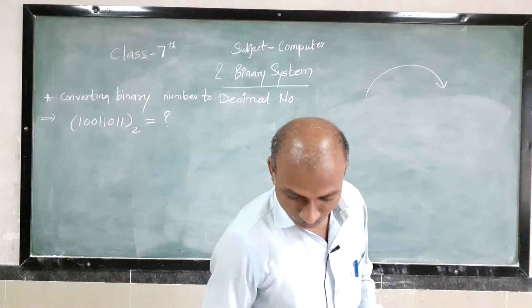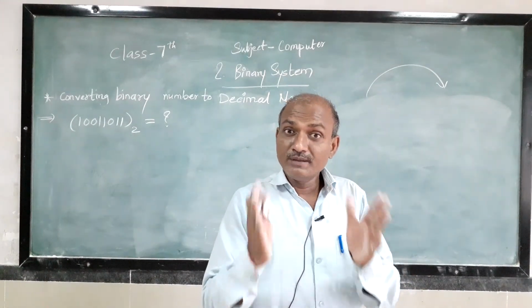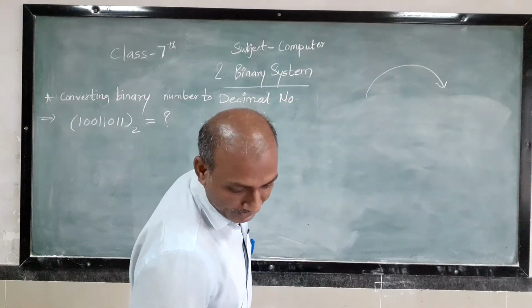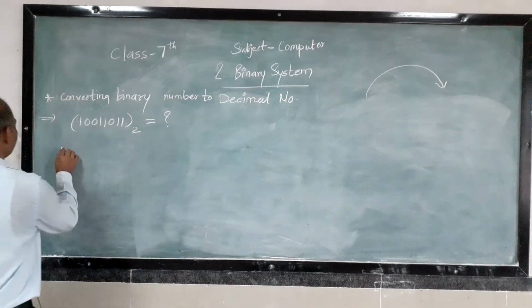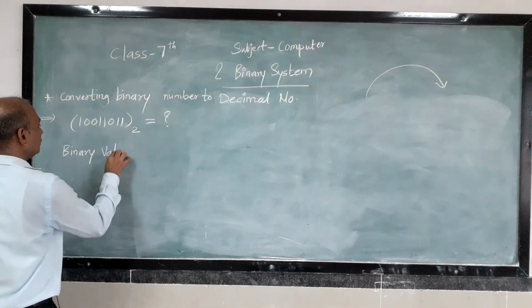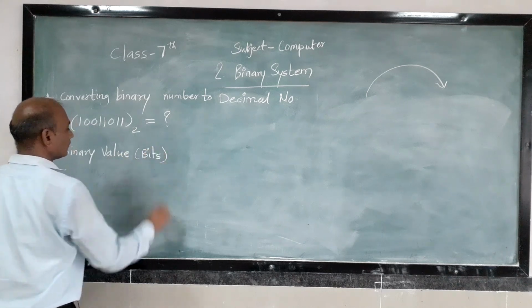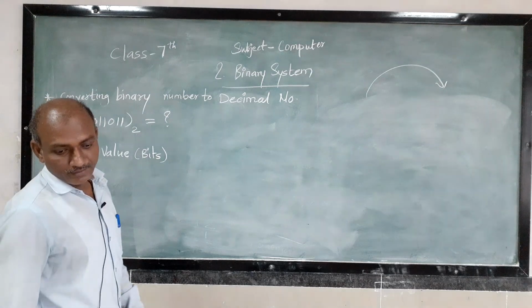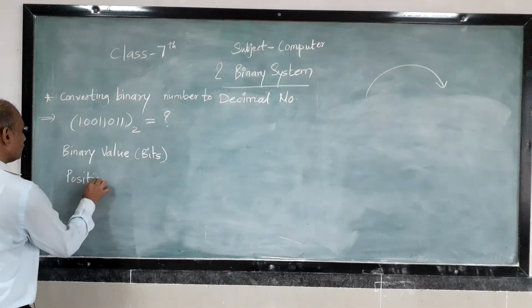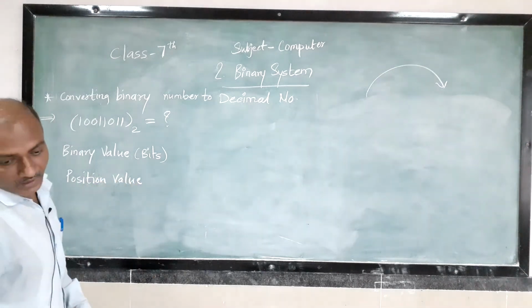See how we can write it. Let us prepare the table. First we write the binary value, which is called bits. Okay, binary value, that is called bits. Then the position value. Then what do you have to write?